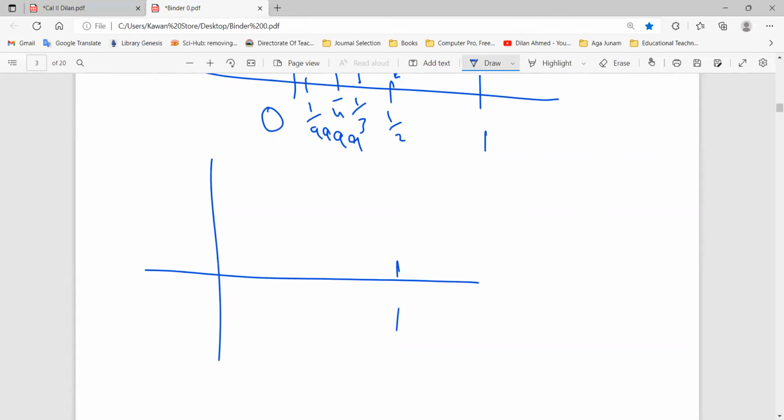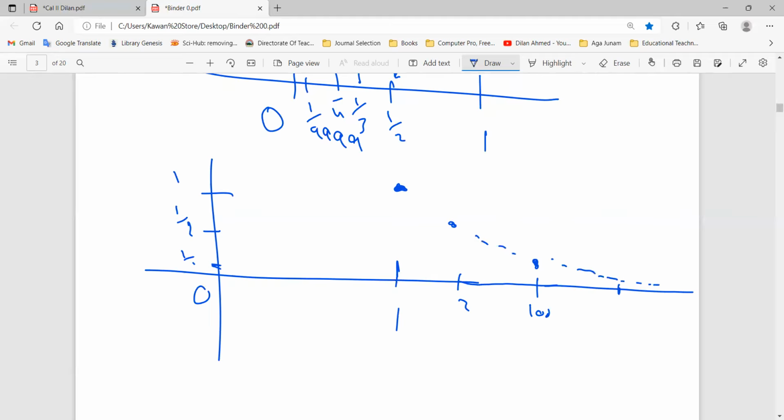Here we are. This is 1. The graph is 0. At 1, I'm in 1 over 1. At 2, going to 1 over 2. At 100, we are in 1 over 100. At a million, we are at 1 over a million. It's going to where? It's decreasing, right?